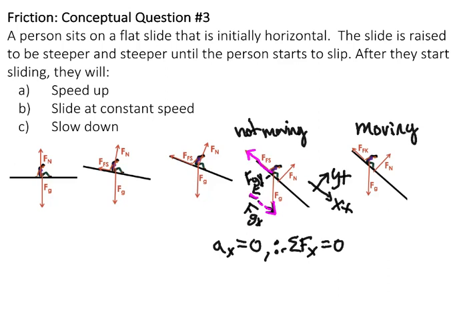Those are my only two x direction forces. So those two have to balance out if the net force in x is 0. So that means that the magnitude of my friction force would have to be the same size, but the opposite sign, as the magnitude of the force of gravity that pulls you down the hill.